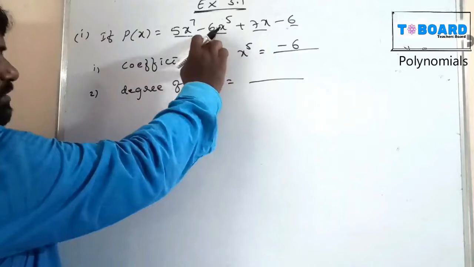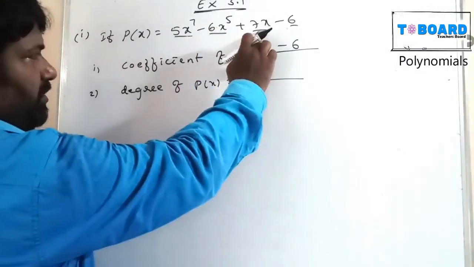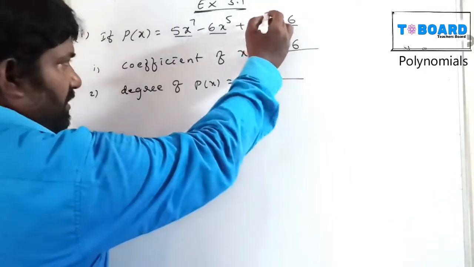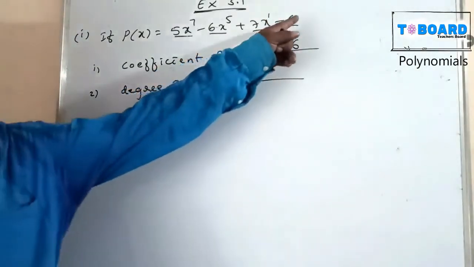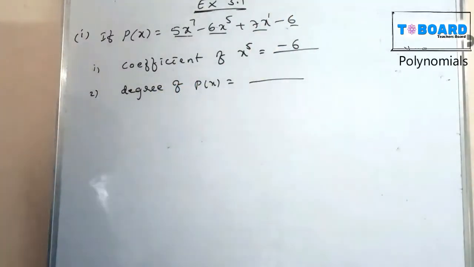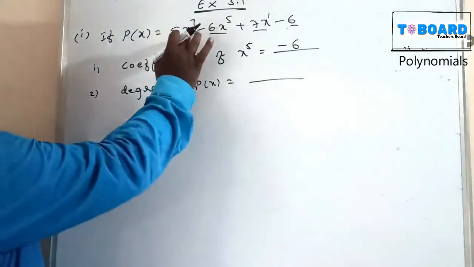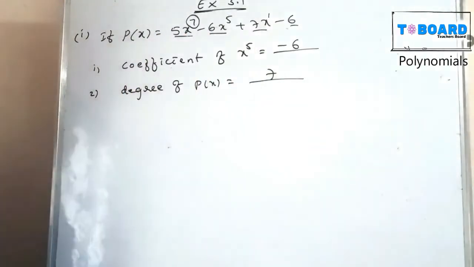Second term, minus 6x to the power of 5, the power of x is 5. Third term is plus 7x, the x power is 1. Last one is the constant term, which means x power 0. The highest power of x is 7. Degree is 7.